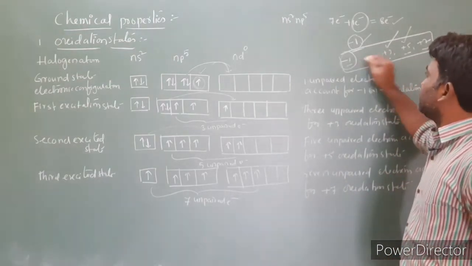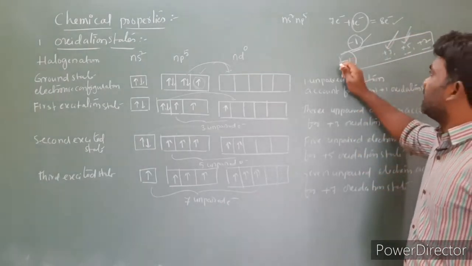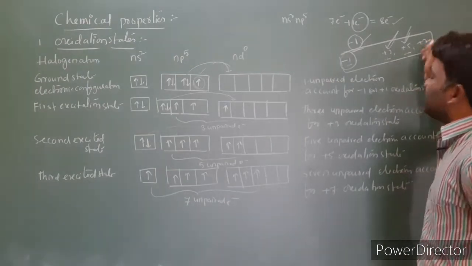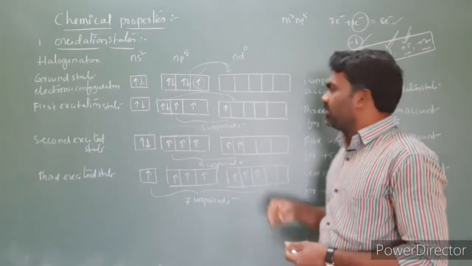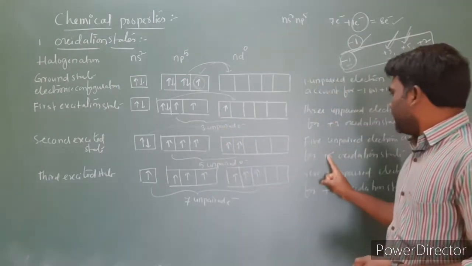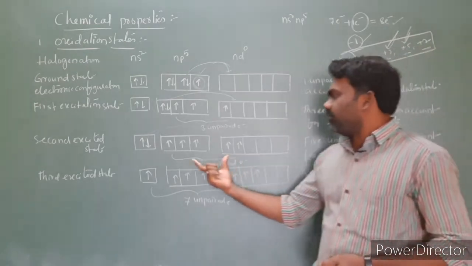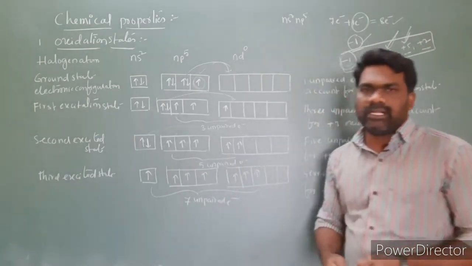So all these elements exhibit plus 3, plus 5 and plus 7. So the minus 1, plus 3, plus 5, plus 7 oxidation states: plus minus 1 and plus 1 are because of the presence of 1 unpaired electron, plus 3 is because of the presence of 3 unpaired electrons, plus 5 oxidation state because of the presence of 5 unpaired electrons, and plus 7 is because of the presence of 7 unpaired electrons.